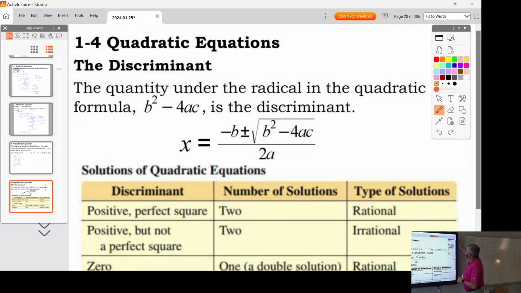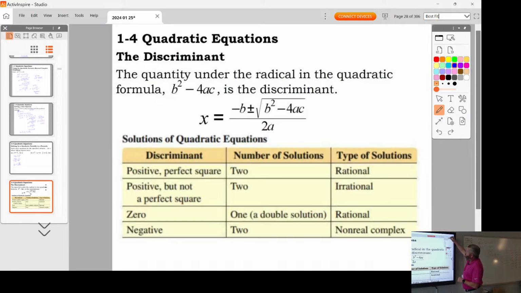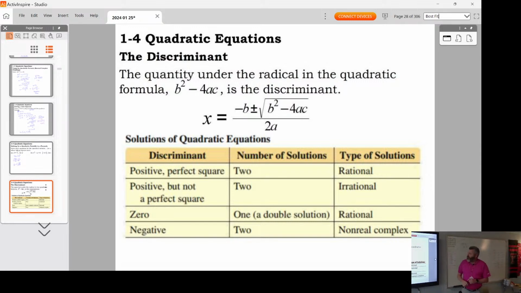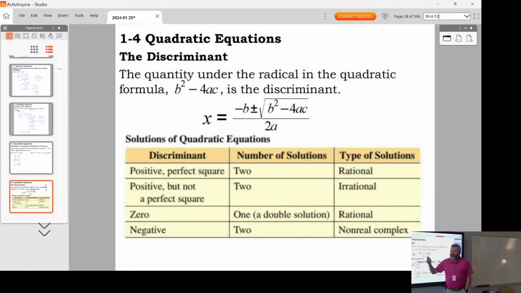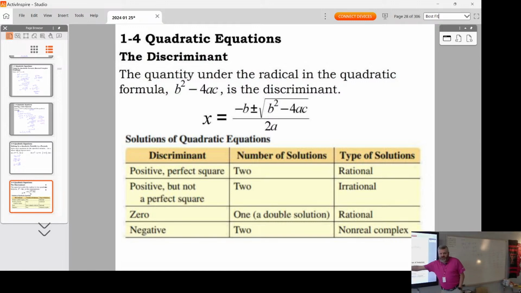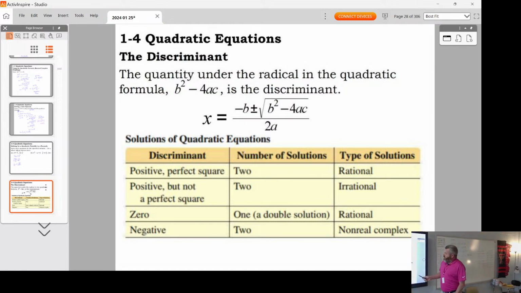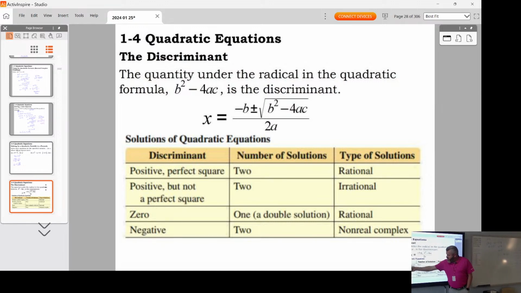The discriminant, we'll talk about this. I've already told you that the discriminant is b squared minus 4ac. And this table here tells you what the discriminant tells us. If the discriminant is a positive perfect square, we will have two rational solutions.